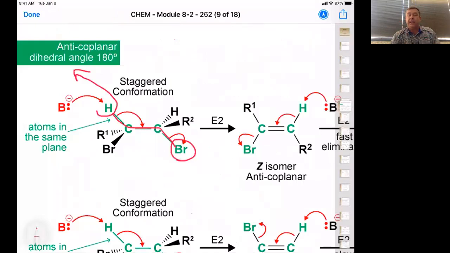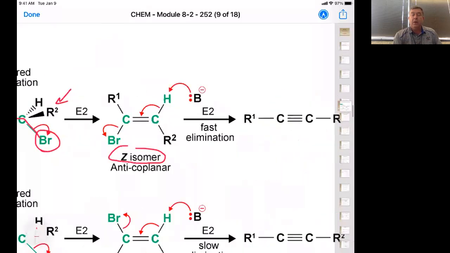When we do that, we end up generating the Z isomer in this particular configuration because this R is back and this R is forward. Once we have that coplanar, we now have that similar orientation. The hydrogen and the bromine are in the same plane as each other. Our second equivalent of base comes off and removes our second bromine, giving us this.